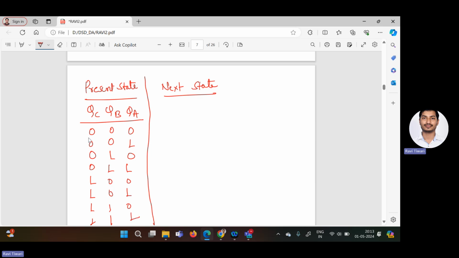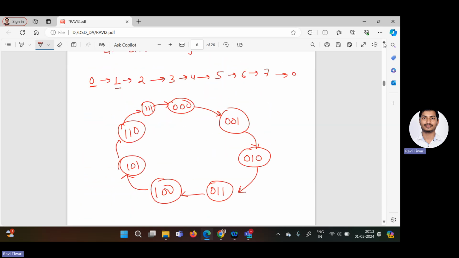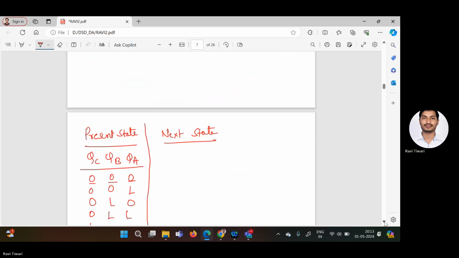Now you see, if you are in the state 0, 0, 0, what will be the next state? As this is the up counter, after 0, 0, 0 the next state will be 0, 0, 1. And the next state, I am representing as QC plus 1, QB plus 1, and QA plus 1, to represent the next state for the states QC, QB, and QA.